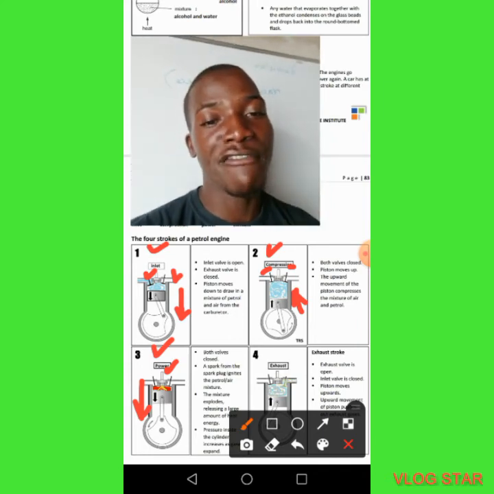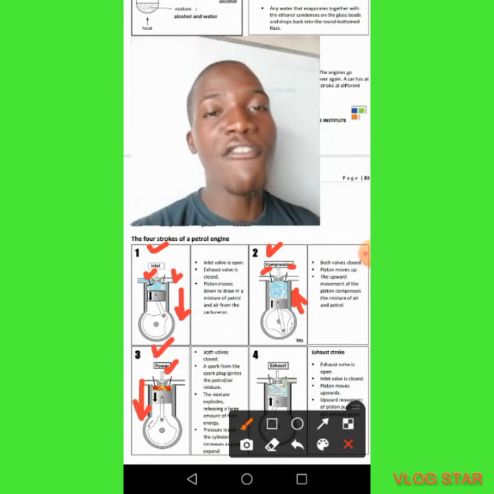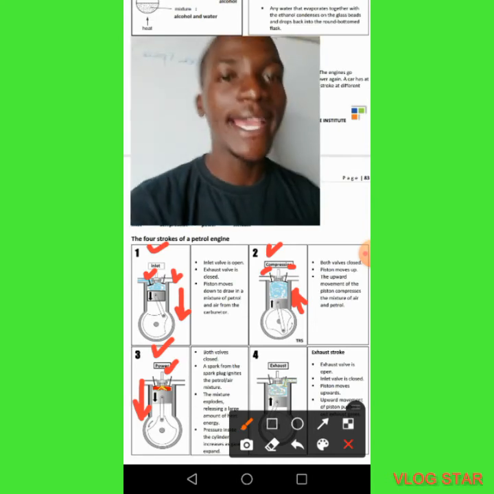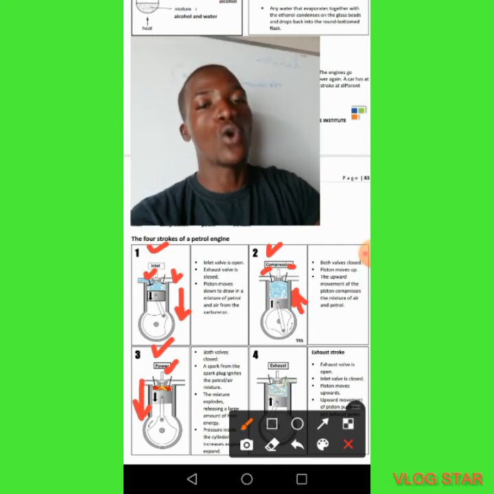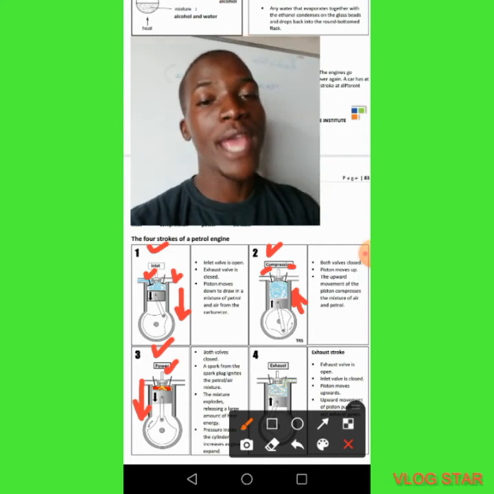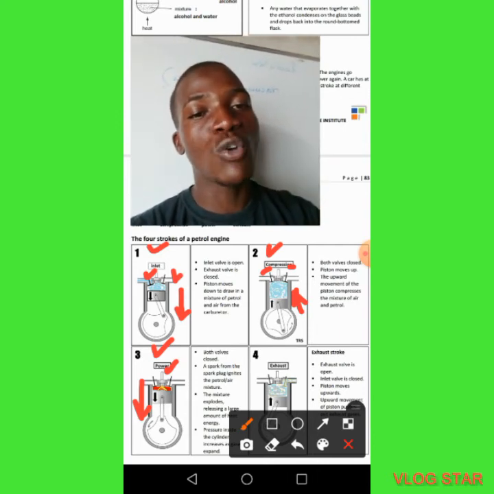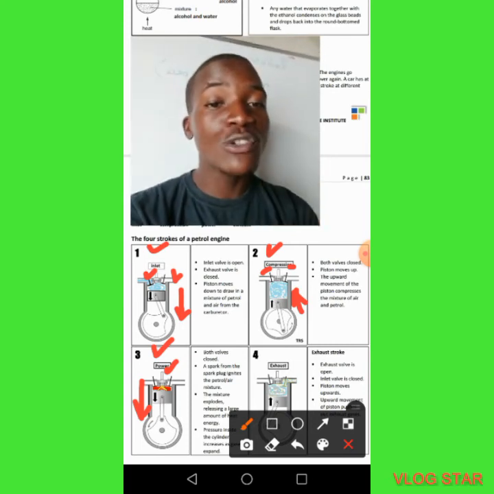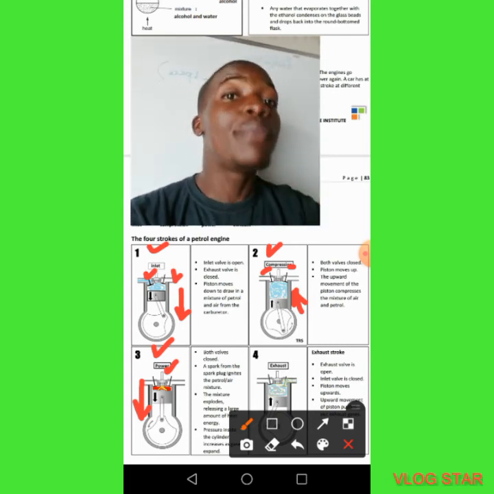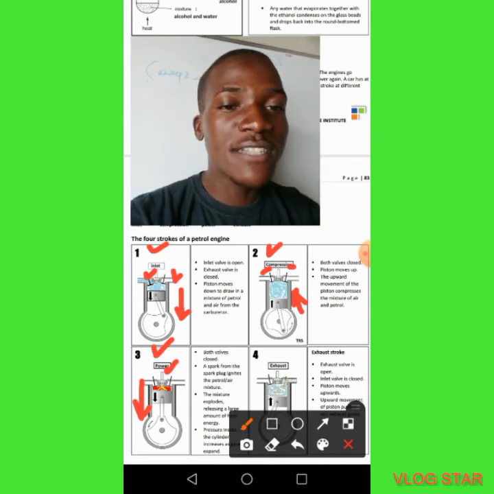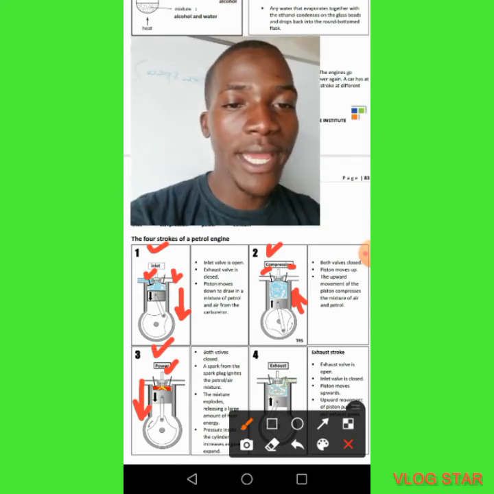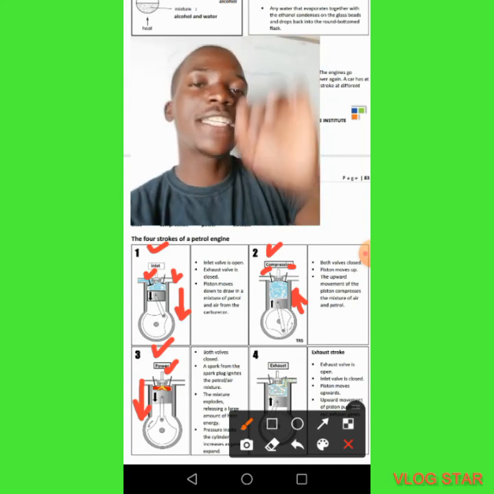At stage number 4, the exhaust stroke. Why is it called the exhaust stroke? Because the gases produced in the power stroke start to come out, and they come out through the exhaust valve. In the exhaust stroke we see the exhaust valve is open and the inlet valve is closed.